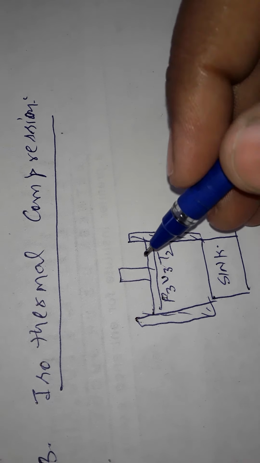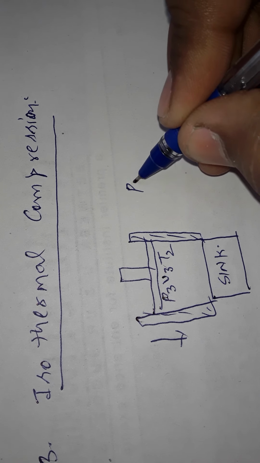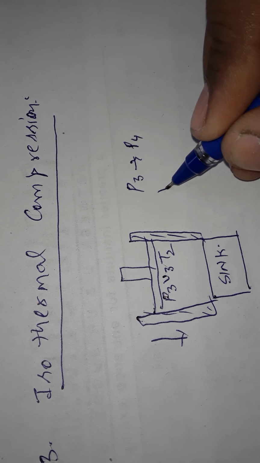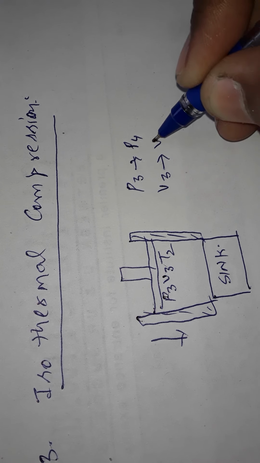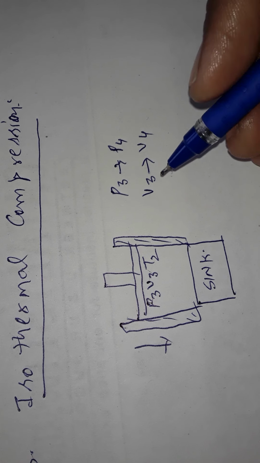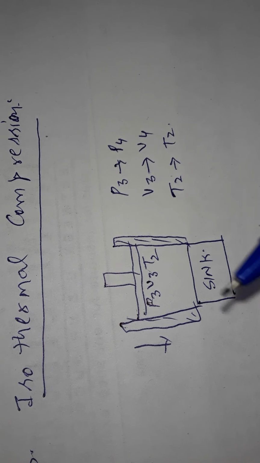Due to compression, the pressure increases from P3 to P4, the volume changes from V3 to V4, and this is an isothermal process, so the temperature remains constant at T2.